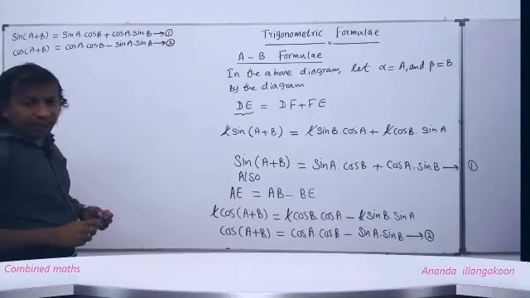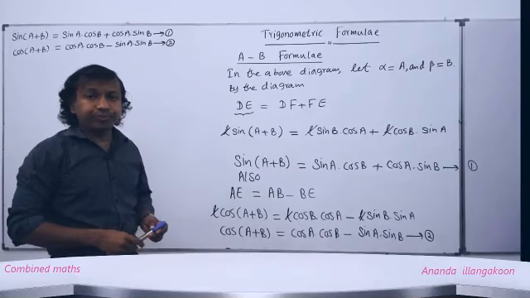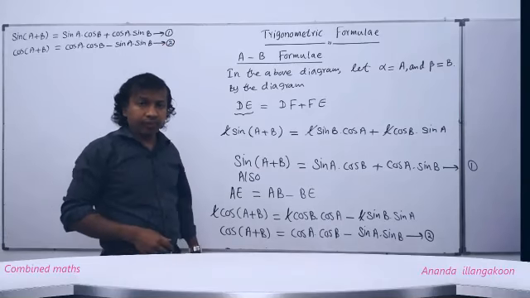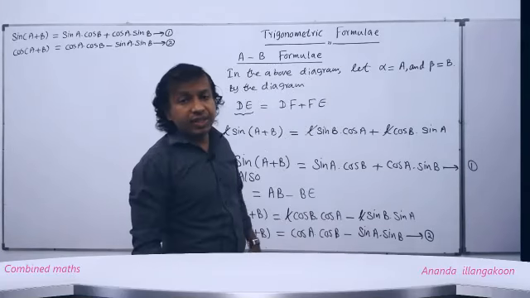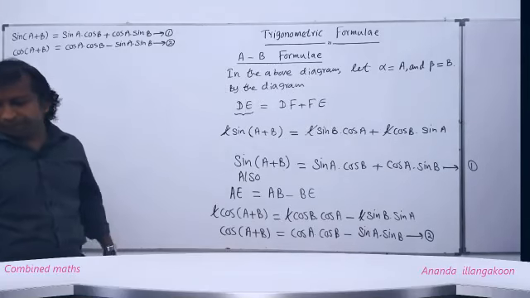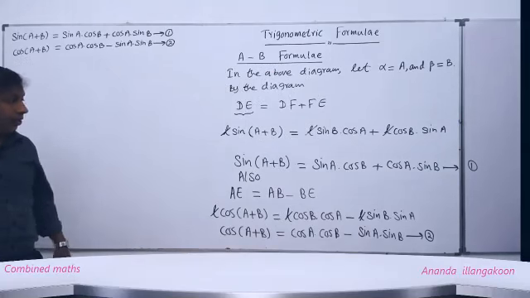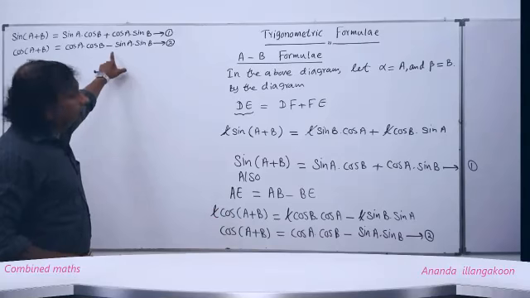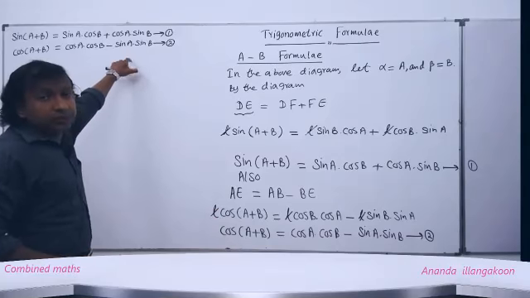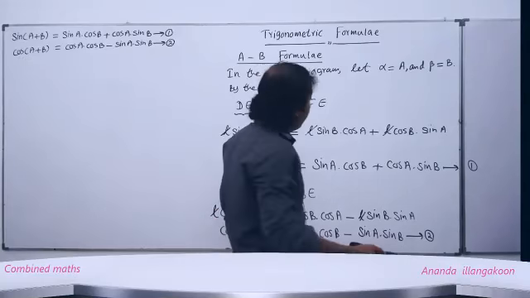Right. Under this A plus B formula, people, there are another 4 more. Then we'll see how to take the rest 4. Right. Up to here, I think you are okay. Now I wrote down this here. All right. So then this also I am going to erase.